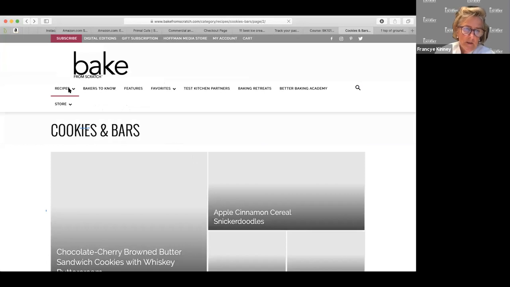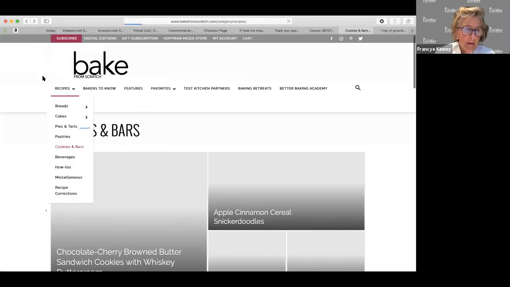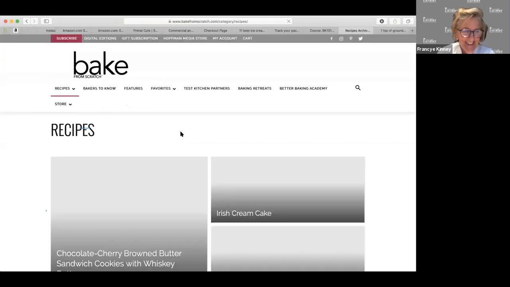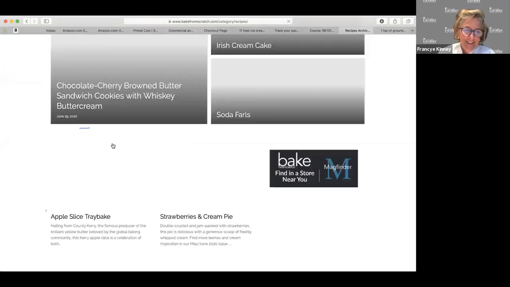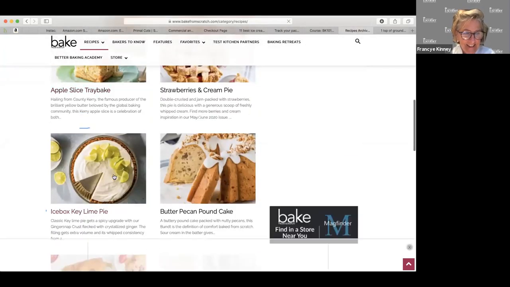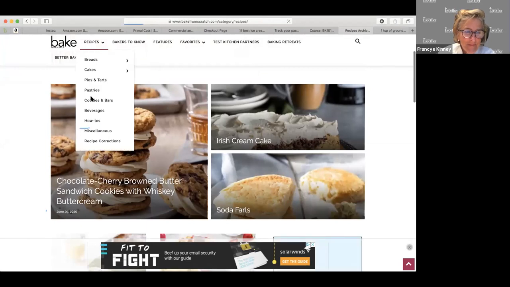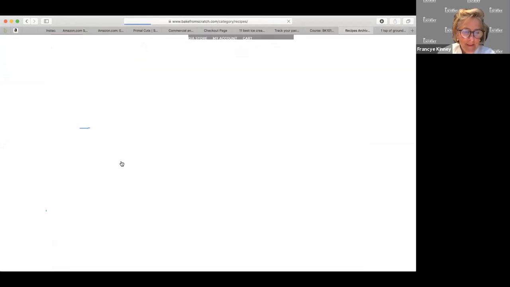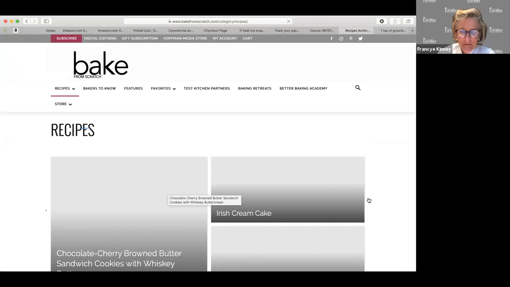Well, evidently it doesn't want us to look at the cream cheese frosting. Let's see if we can find it, honestly. We may just have to.